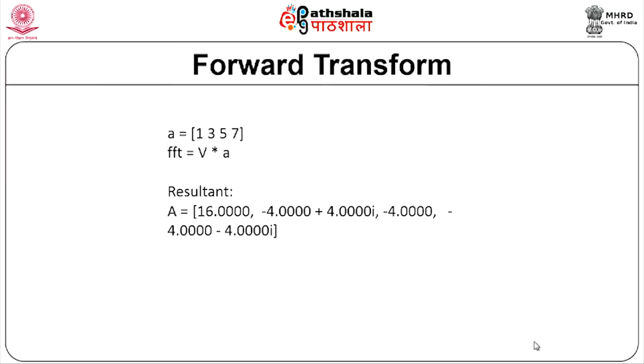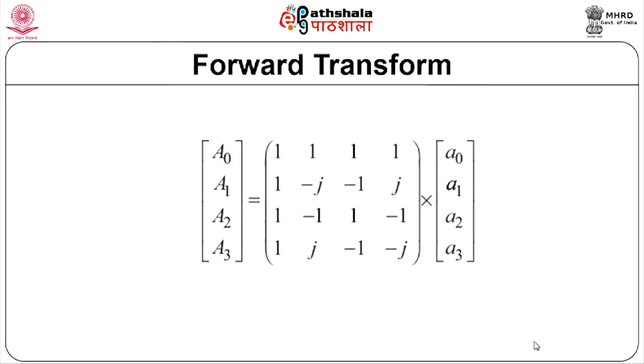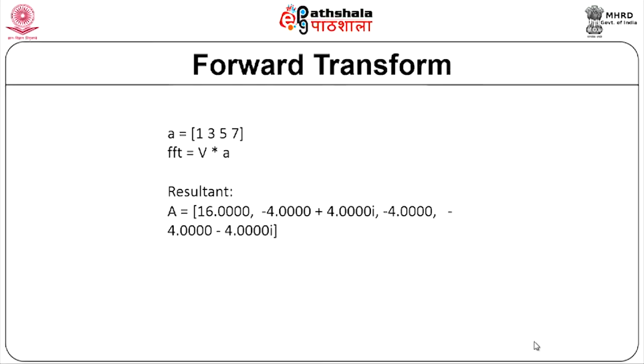Here a is going to be 1, 3, 5, 7 for me. I want to apply the forward transform. So a0, a1, a2, a3 is what is given, in the coefficient form. I multiply this by V and get the results. You can see very well the results are in complex numbers.